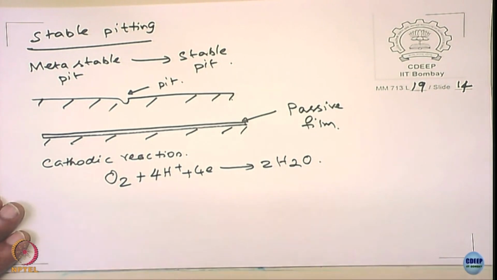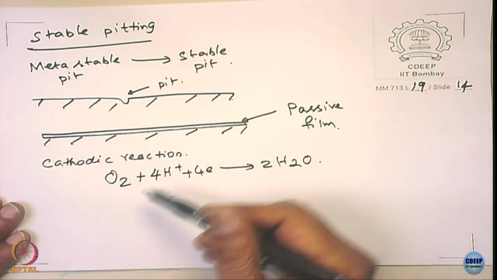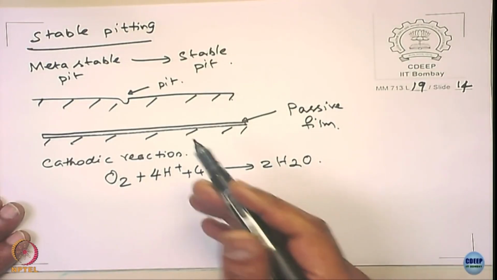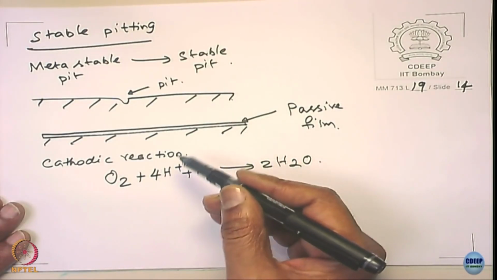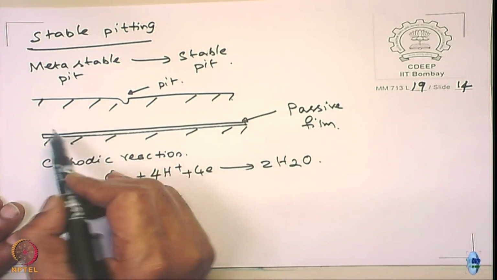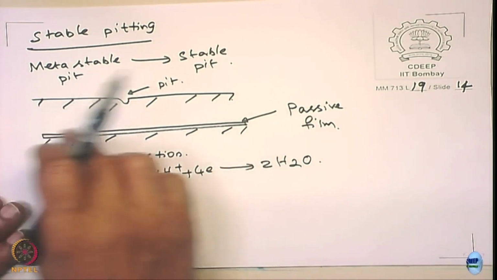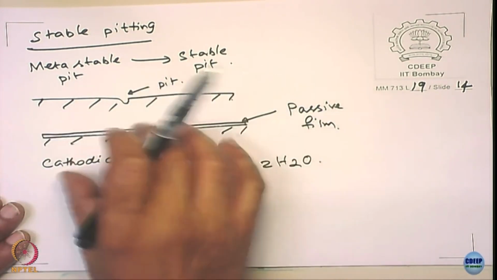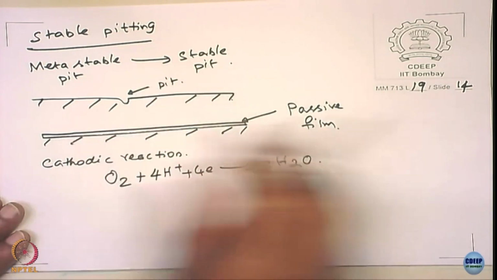Otherwise it won't render the metal passive; you need to shift it to the passive region. So the cathodic reaction must have a noble potential. So all through you have metal dissolution as well as the oxygen reduction reaction taking place like this.